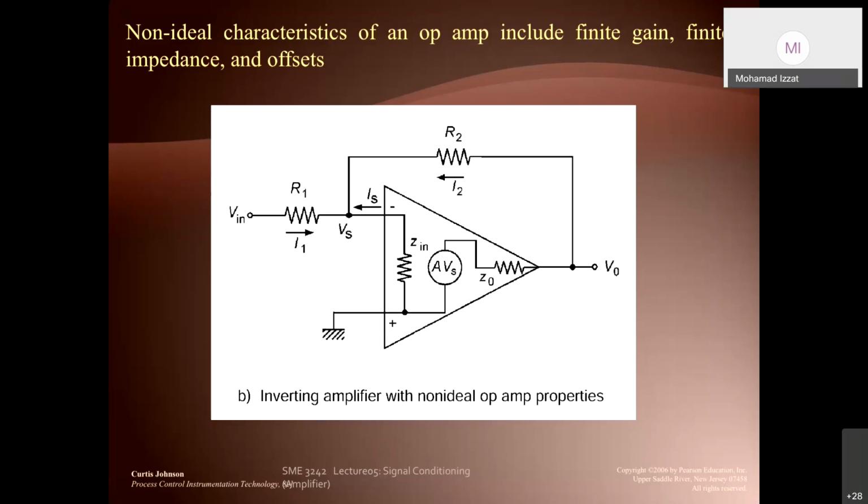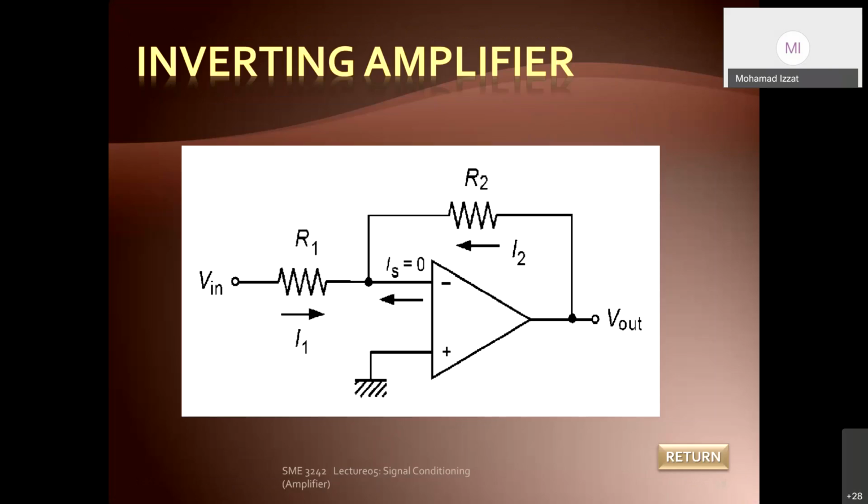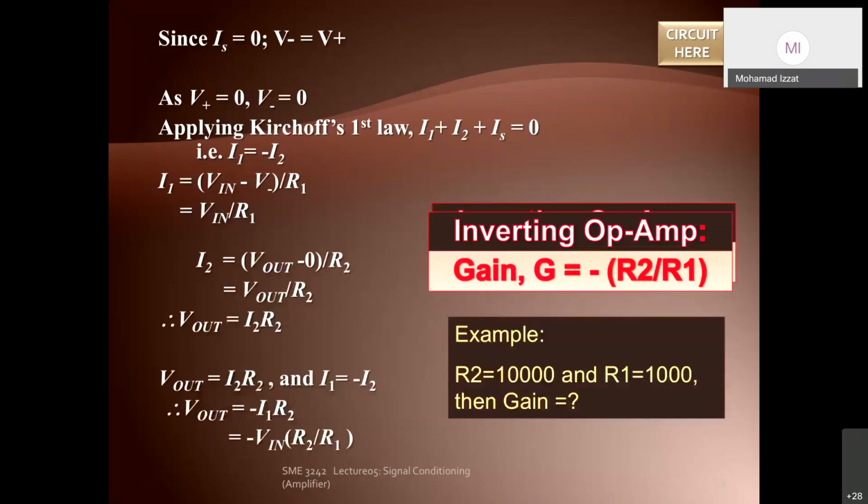Whatever you put in, you get the output with its sign reversed. If your input is 5 volts, you get negative 5 volts out, because this is an inverting type amplifier.